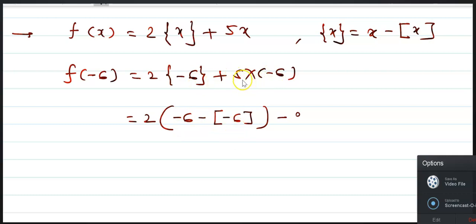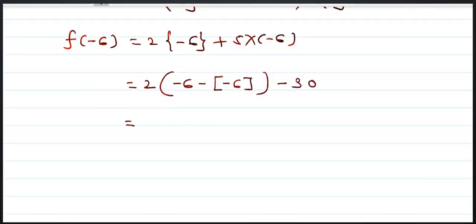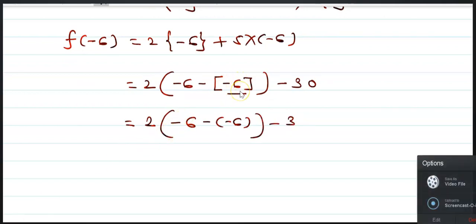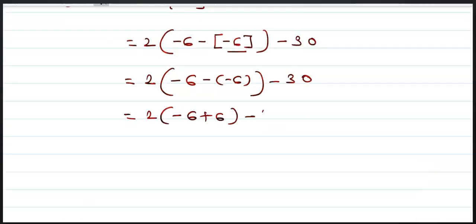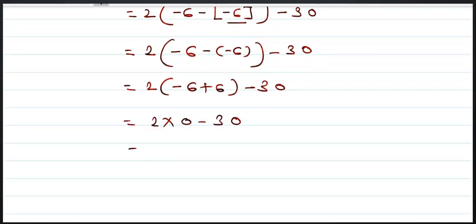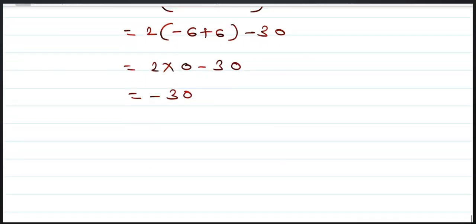Now their multiplication, 5 into minus 6, which is minus 30. The integral part of minus 6 is treated as minus 6, and therefore this minus minus will become plus 6, and minus 6, so overall it will become 0, and the answer is minus 30. Therefore the answer is minus 30.